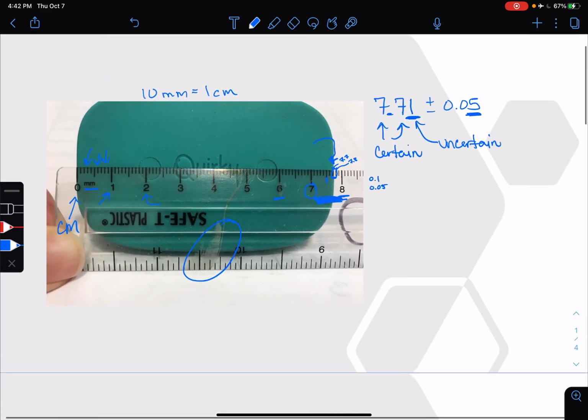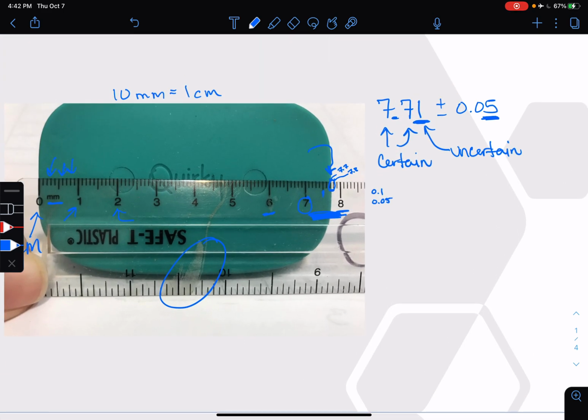Now if you have super good eyes and you want to say, oh no, I can definitely tell where 7.70, 7.71, 7.72, and 7.73 are because my eyes are that good, I might put plus or minus 0.01.